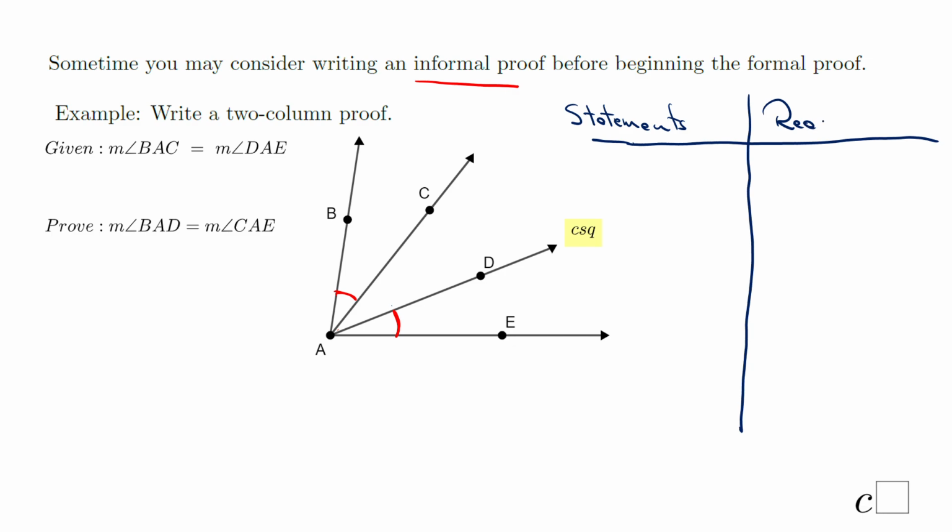Reasons. And what do you think I'm going to start with? If you said what is given, then you are correct. The measure of angle BAC equals the measure of angle DAE, and that is given to us. Okay, these are the two red angles. I marked them on the picture.